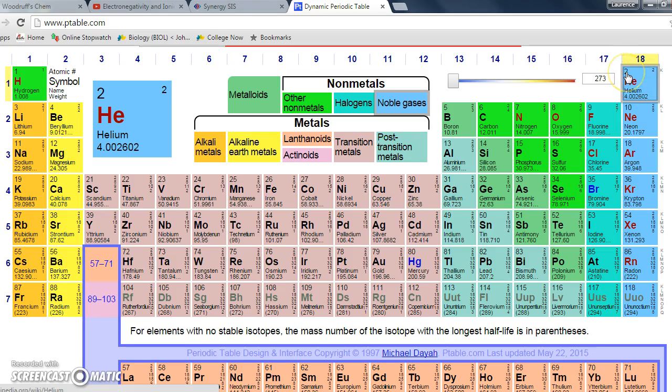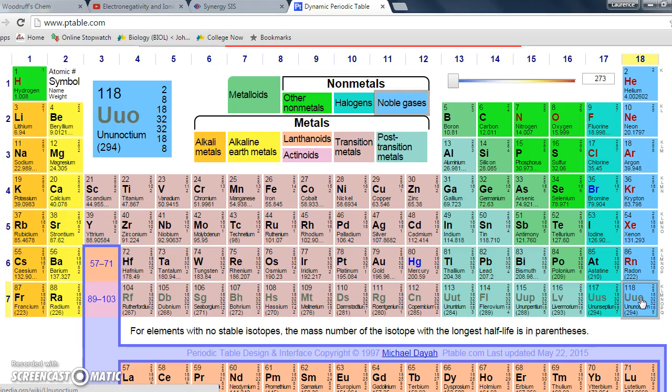Well, it has 2 protons, and as you can see, all of the elements just go in increasing number of protons. We have 3, 4, 5, 6, 7, 8, 9, 10, and it goes all the way to 118 protons. So they are organized by protons because the number of protons determines how that element behaves.